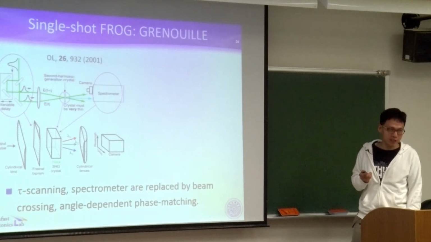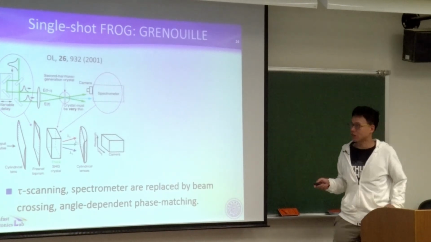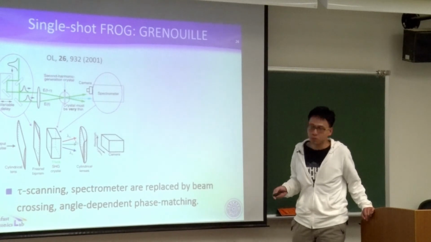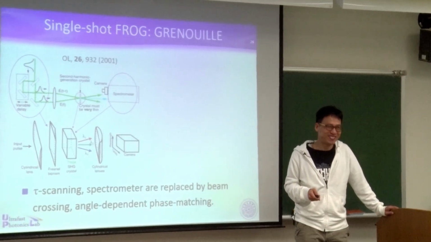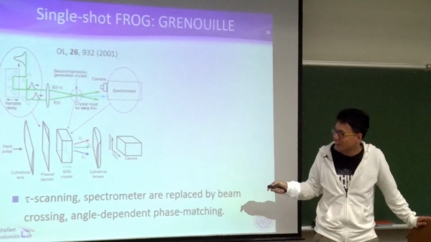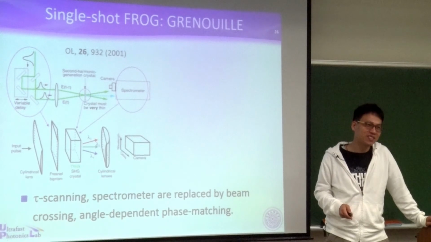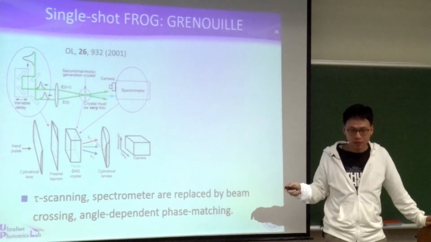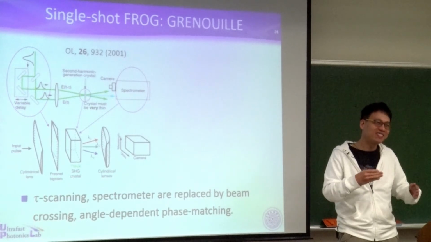But it's too complicated. They can replace the Michelson interferometer by a Fresnel biprism. Do you know what is a Fresnel biprism? It is basically a prism, so a parallel beam comes in, and it comes out as crossing beams.